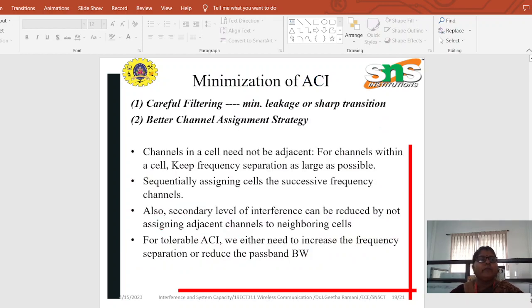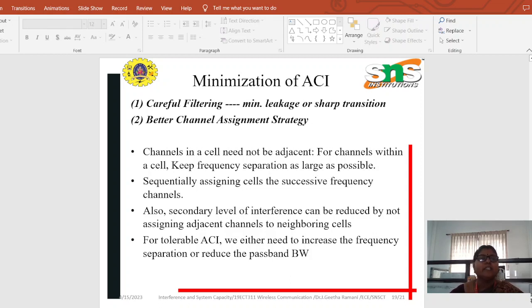In order to minimize this adjacent channel interference, as we discussed, first we have to follow careful filtering, that is a minimum leakage filter or a short transition filter. Second, we have to use better channel assignment strategies. Channels in a cell need not be adjacent.